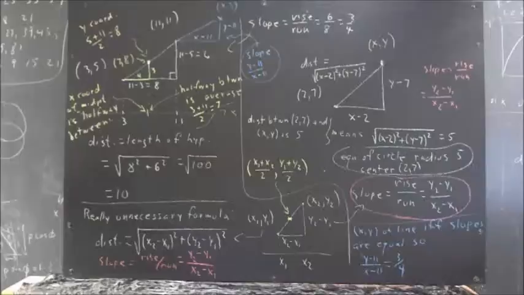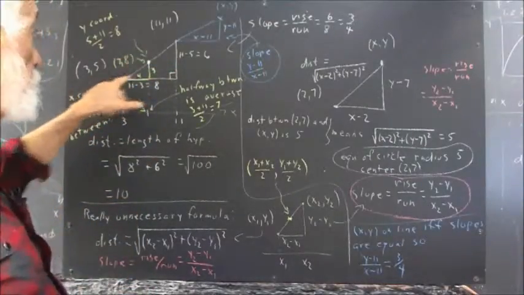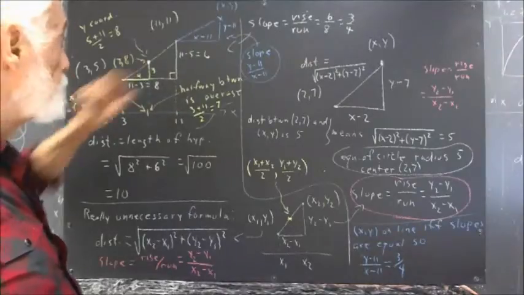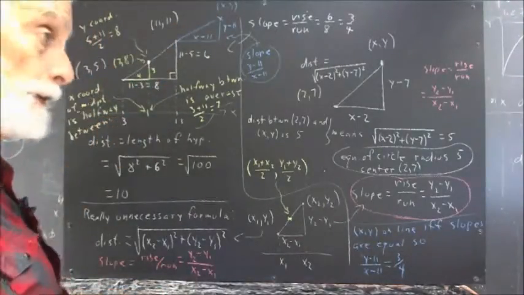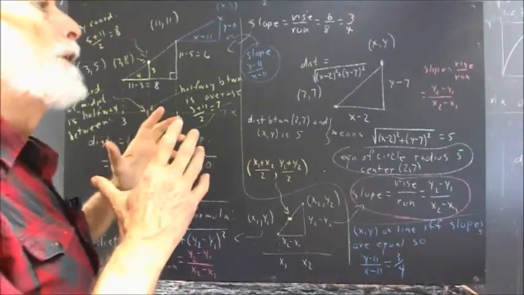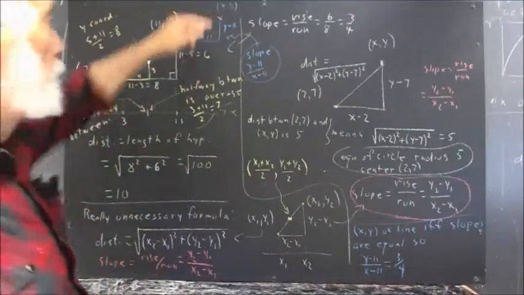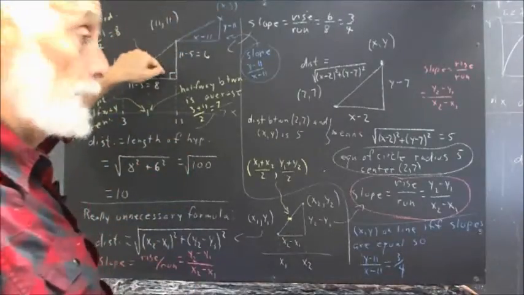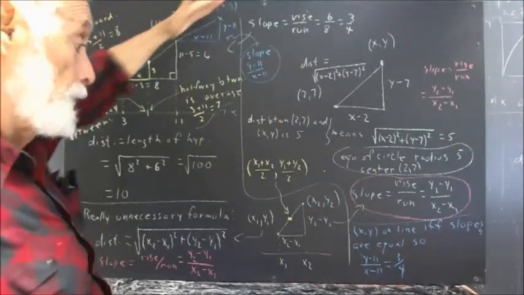Okay? So, if we set the expression we get for the slope of this triangle equal to the expression we get for the slope of this triangle, we're going to have an expression that embodies the statement that this slope is equal to this slope, and therefore that this point is on this line.